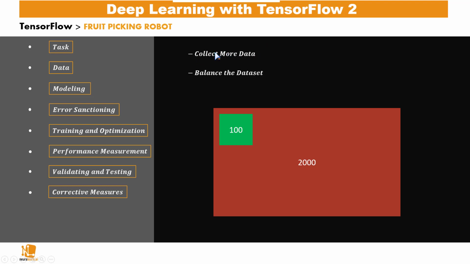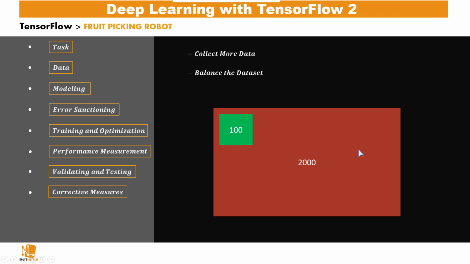And then the second problem is, in our data set, we have way many more labels of ripe strawberries compared to the unripe ones. And this kind of data set is known as an imbalanced data set. So what you have to do is to try to balance the data set.